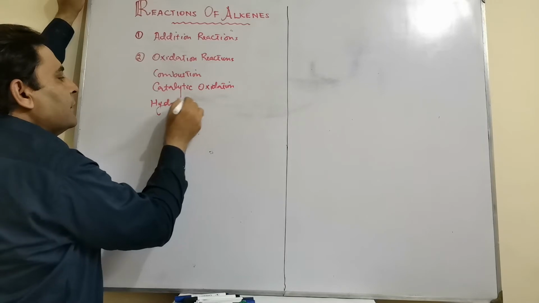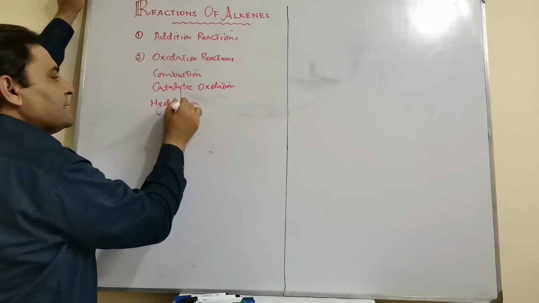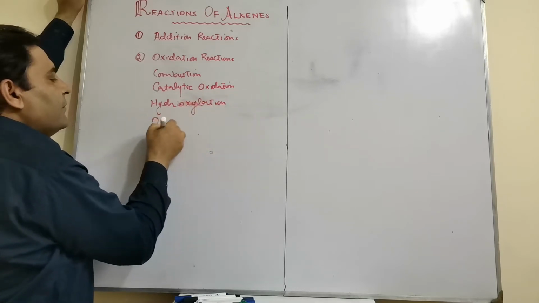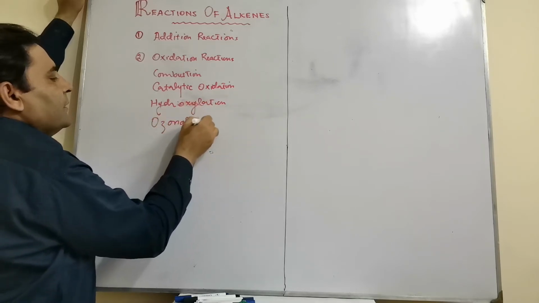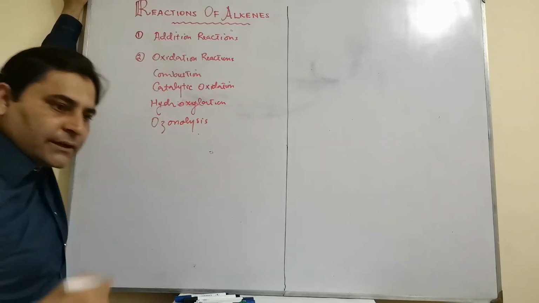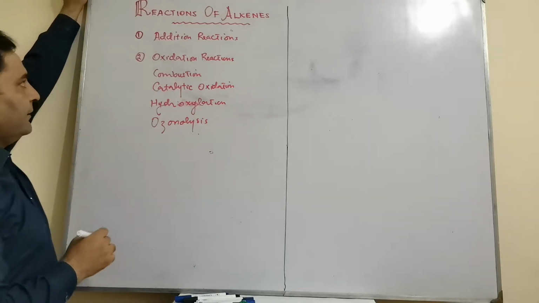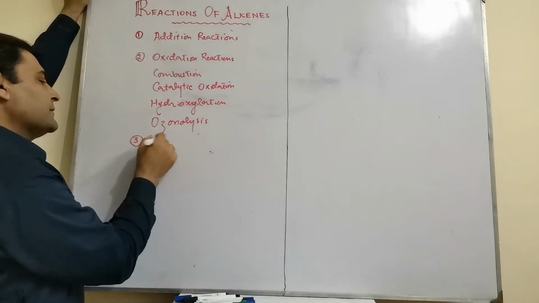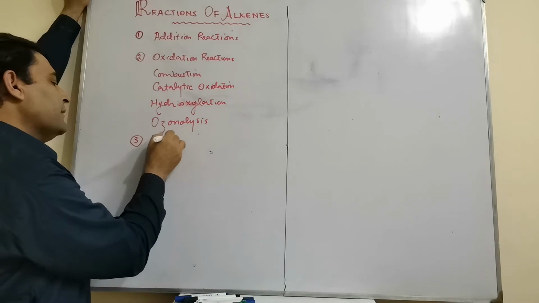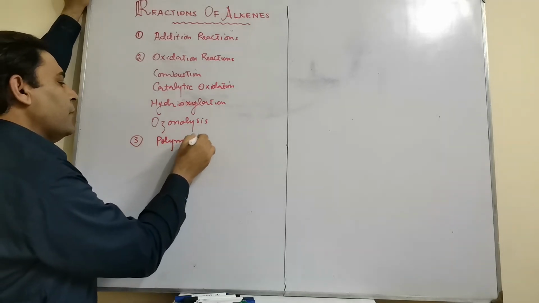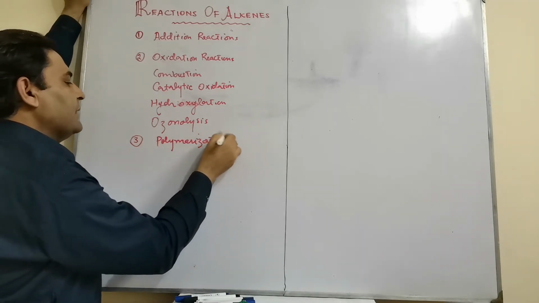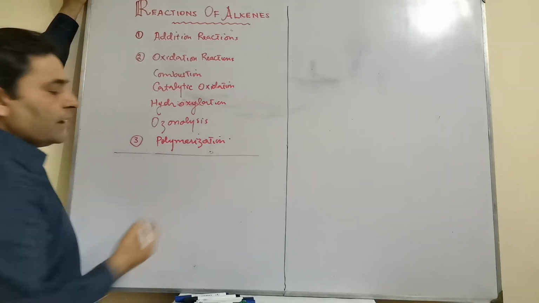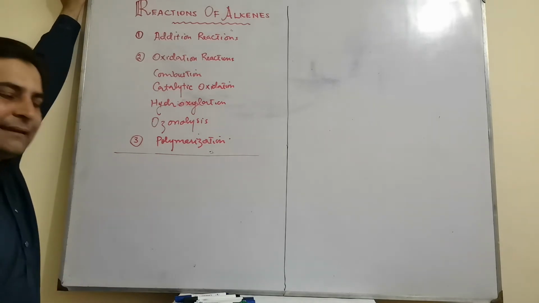Along with that, we will discuss ozonolysis as far as oxidation reactions of the alkenes are concerned. In the end, we will discuss the only reaction in your syllabus, that is polymerization of alkenes. These are the reactions that we are going to discuss for alkenes.